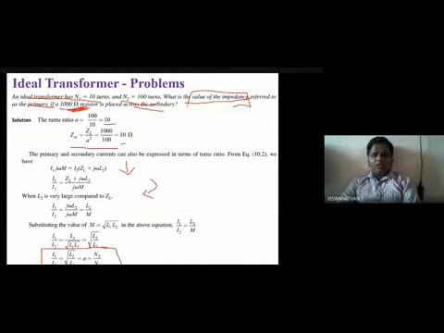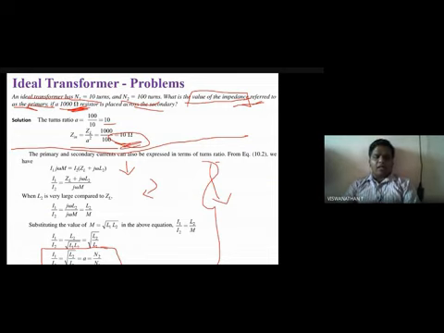This value is with respect to the primary. Up to this your problem is over. We need to write this explanation to show it is referred to the primary. For proving that statement, we are adding this part. This is extra. This is just a 2 mark problem. The solution is 10 ohm, but we need to write some explanation for understanding.